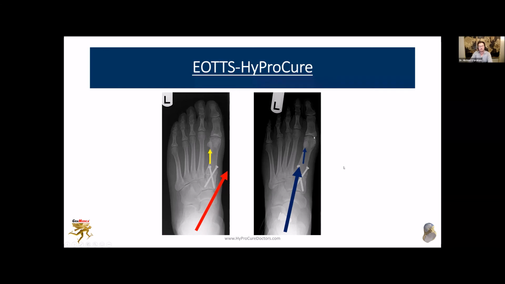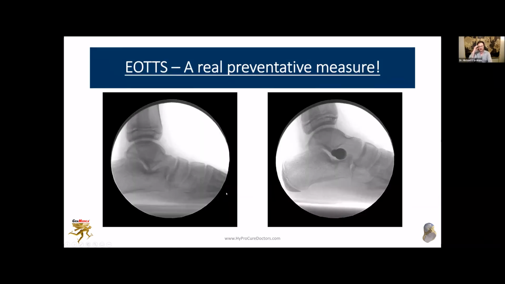So it could have been possible that all this patient needed, instead of having a lapidus and a medial calcaneal slide and a removal of the screw from her calcaneus, was to simply have a HyProCure put into her foot to treat the underlying etiology of her foot disease, and maybe this secondary pathology would resolve on its own.